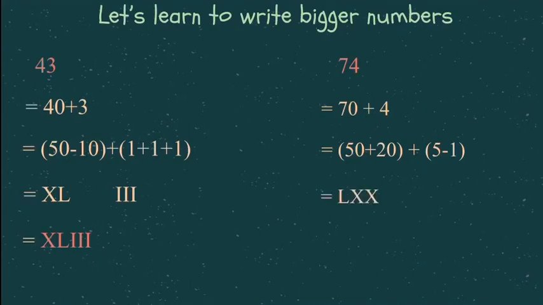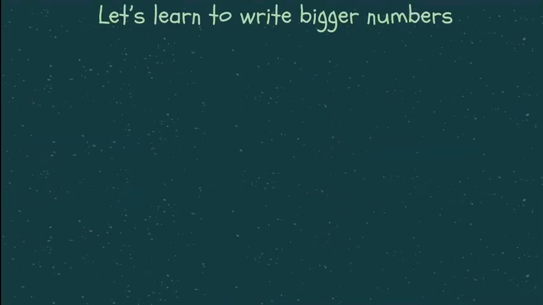So 50 plus 20 can be represented in this way, and 5 minus 1 will be represented by this symbol. So the Roman number representation for number 74 would be shown. We have seen 2-digit numbers.